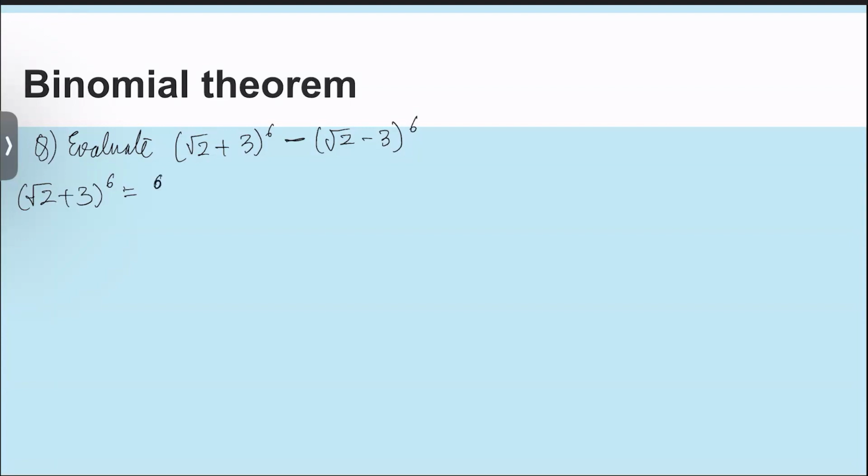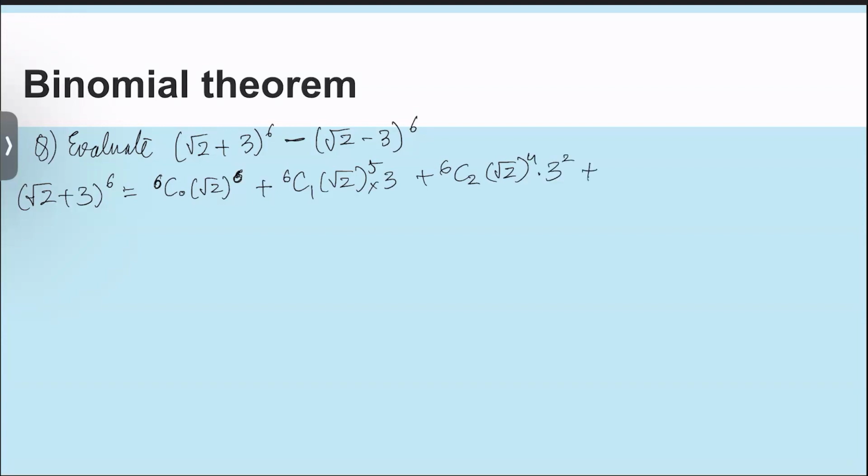So this becomes 6C0 √2^6. Then plus 6C1 √2^5 multiplied by 3, plus 6C2 √2^4 into 3 squared.